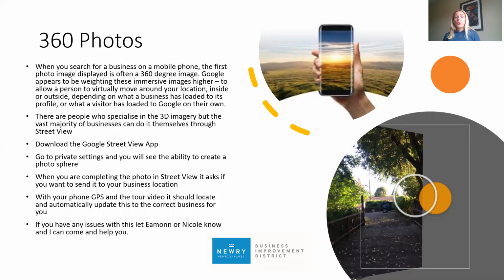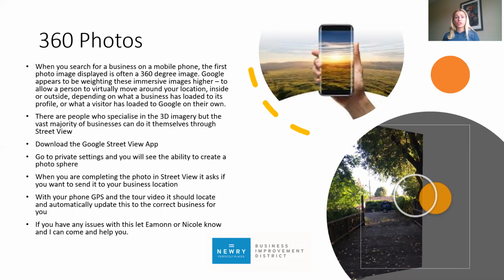So when you search for a business on a mobile phone, the very first image that's displayed is often a 360-degree image, which is why it's useful to have one or more than one, because Google appears to be weighting these immersive images higher.